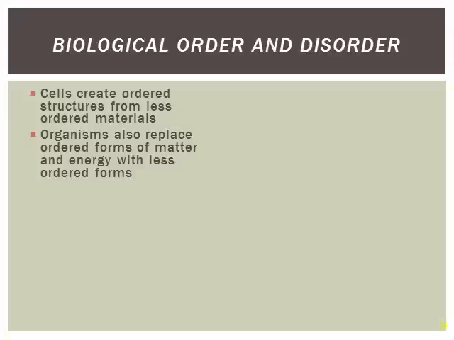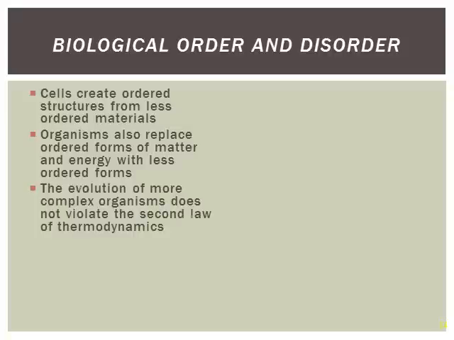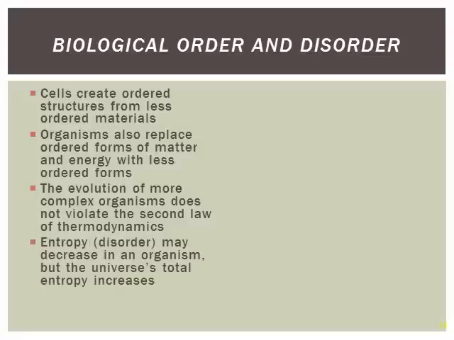To sum that up a little bit, cells create order. We use energy. We transform our food sources into particular molecules that allow us to become more ordered. However, we do not violate the second law of thermodynamics. In fact, we increase the disorder, the entropy, in our universe. If we look at the system as a total, us with the rest of the universe, we are actually moving as a unit toward disorder.